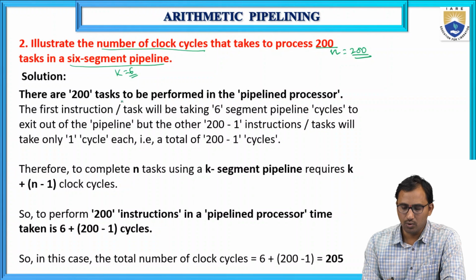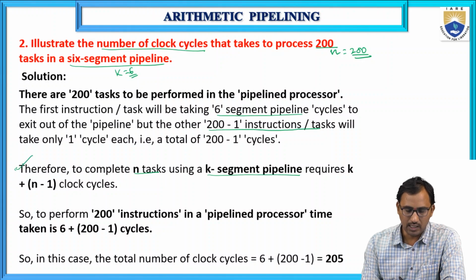So there are 200 tasks to be performed in the pipeline processor. The first instruction or task will take 6 pipeline cycles to exit the pipeline. But the other ones will take 200 minus 1 more cycles. That's why the formula: to complete n tasks using a k-segment pipeline, it requires k plus n minus 1 clock cycles.